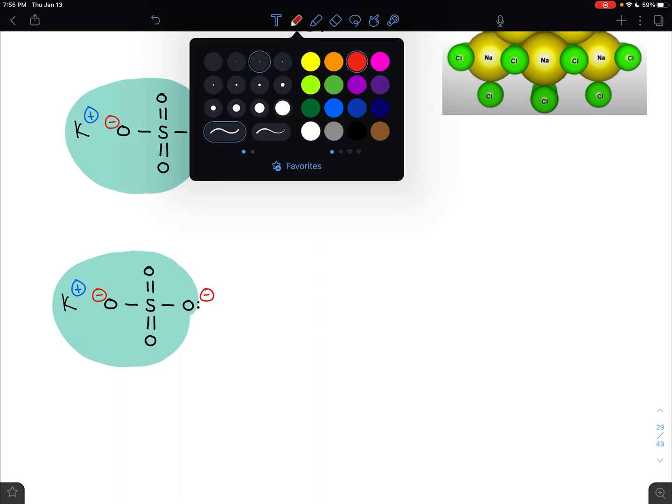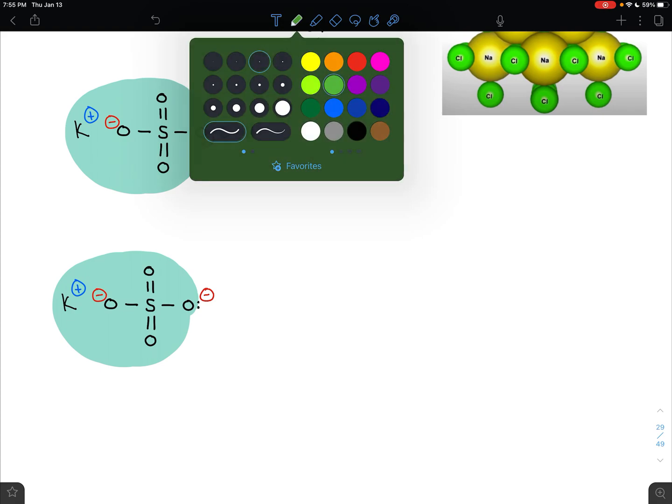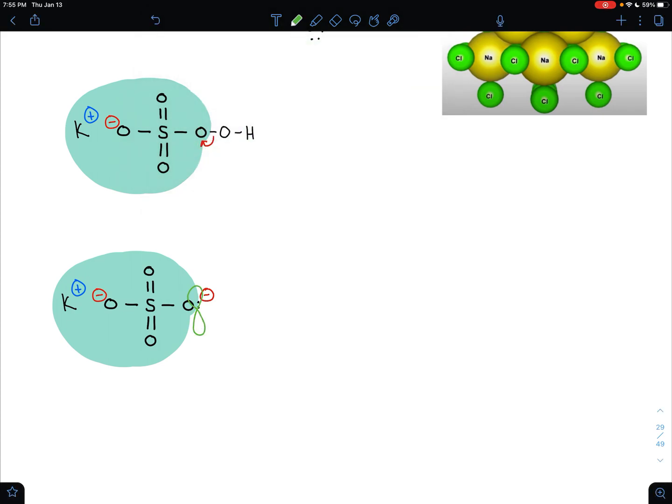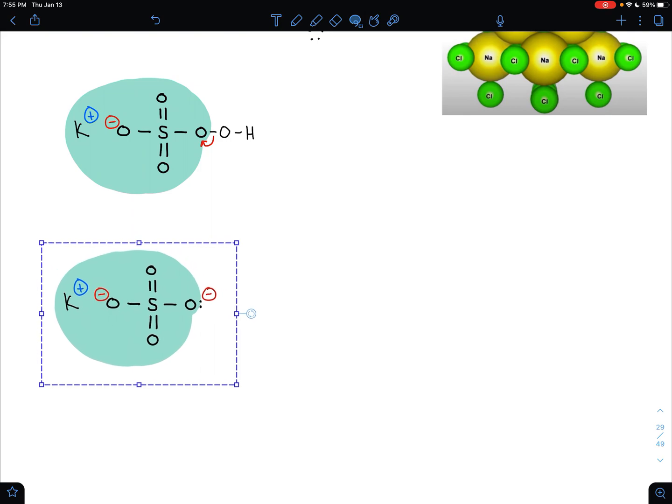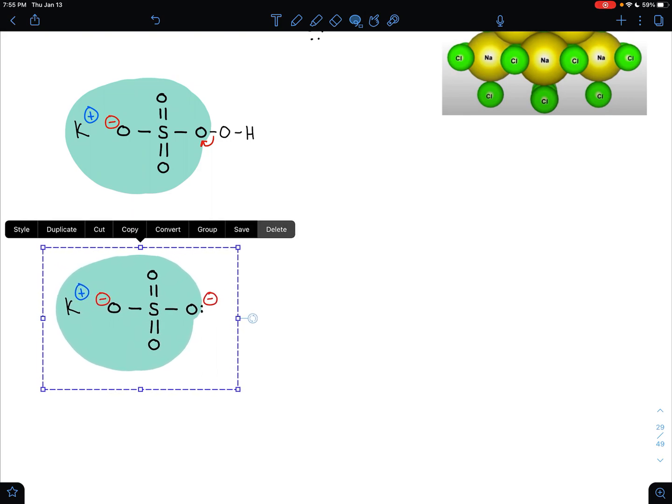That lone pair there could be flying around in a p orbital that's parallel with the p orbitals making the pi bonds. And so the negative charge is able to spread out over all of those atoms. Also, the electronegativity of the other oxygens helps to pull that negative charge towards them and spread the charge out even more. And anytime charge gets spread out, it gets stabilized. It gets diluted over space. So conceptually, this whole big group is just a good leaving group.